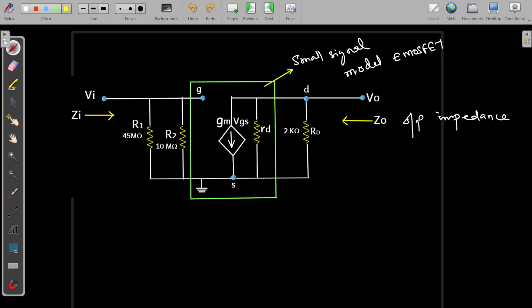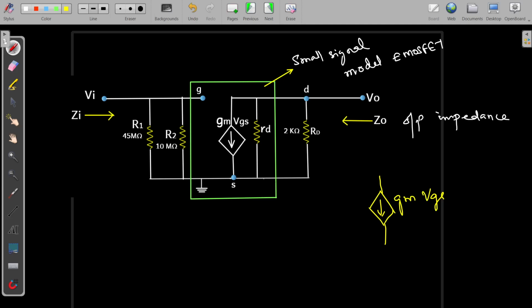Okay, and this gate to ground is actually open because it is of very high input impedance. And then on the output side we have this dependent current source. So that is given here like this. So that is given as GMVGS, isn't it?